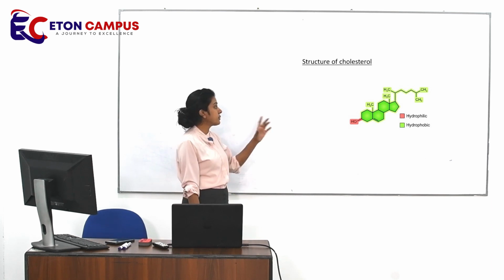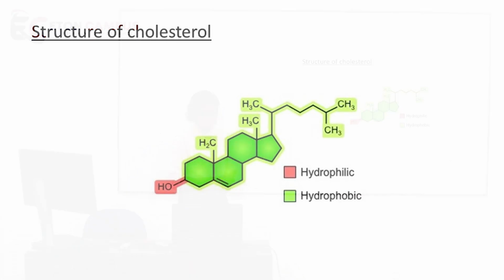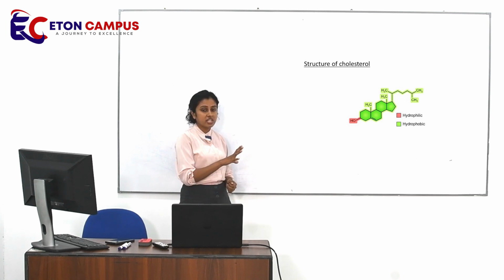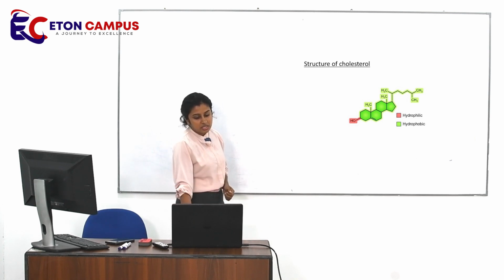Now this picture shows the structure of a cholesterol molecule. In this picture you can see the hydrophilic part of the cholesterol molecule as well as the hydrophobic part. That means the cholesterol molecule has a hydrophilic part as well as a hydrophobic part.